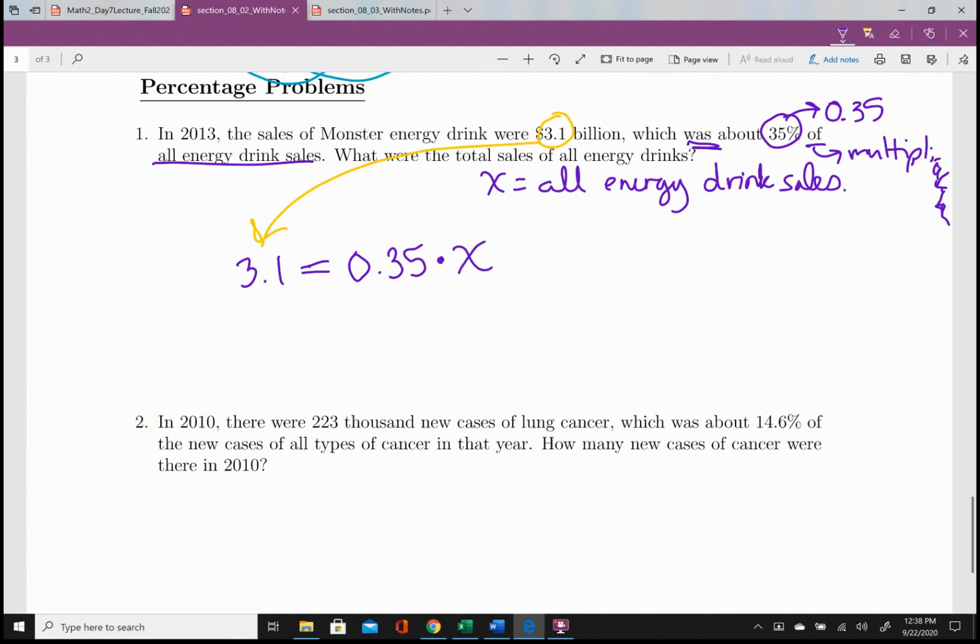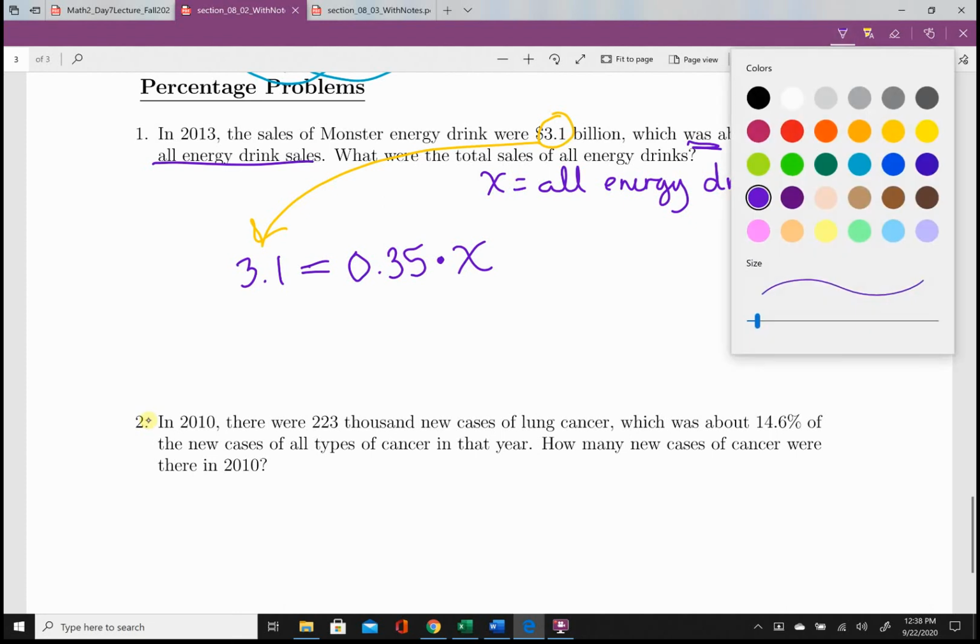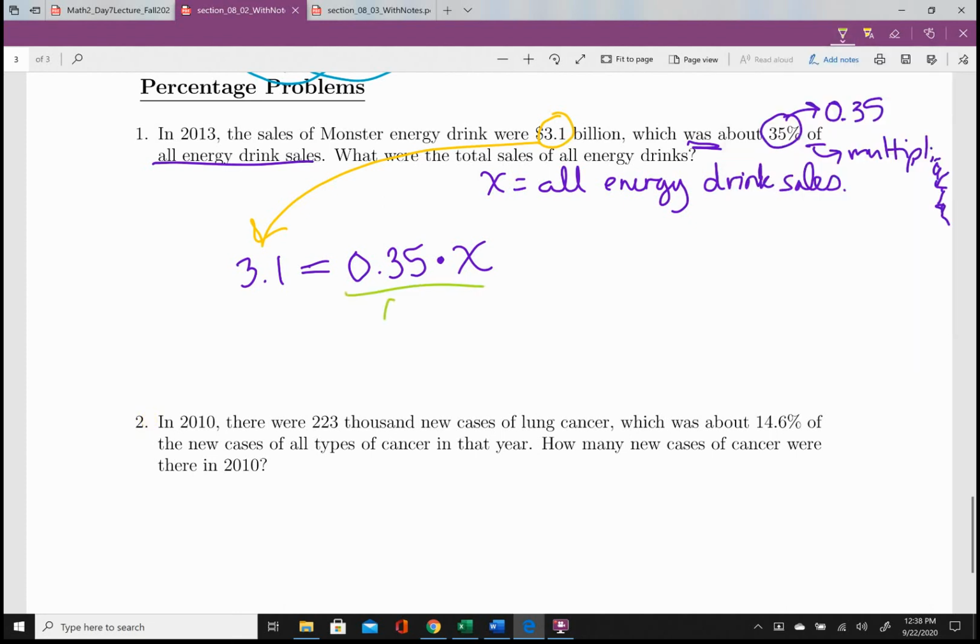So what we've done here is we've picked apart the first sentence of this percentage problem in order to translate it into an equation. Now, let's answer the second sentence in this prompt by solving the equation, which is essentially just divide both sides by the coefficient of the x.